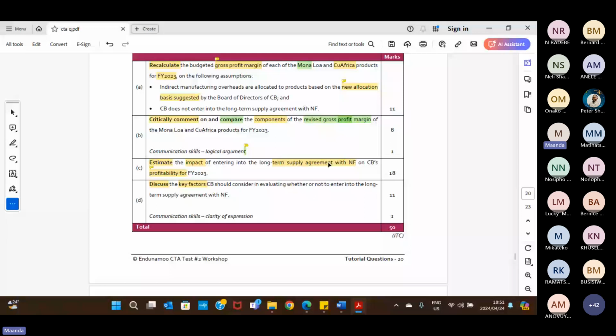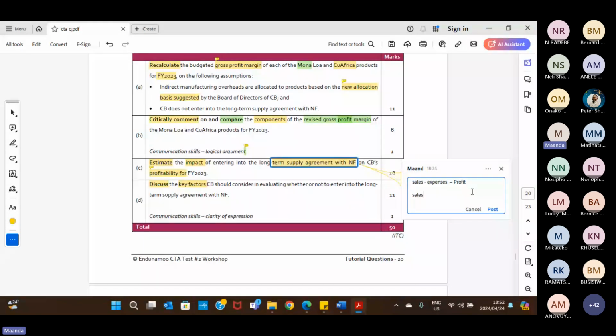And I know that my profit is made up of my sales minus the expenses. So let's just summarize it to get to the profit. So I will have my profit, and I'm being told about the impact of this agreement that I don't know of, and I know that this agreement is going to come with whatever costs or revenue that I wouldn't have taken into account here.